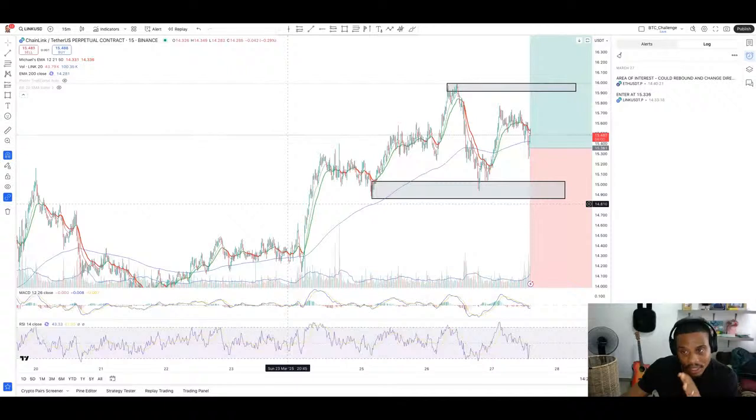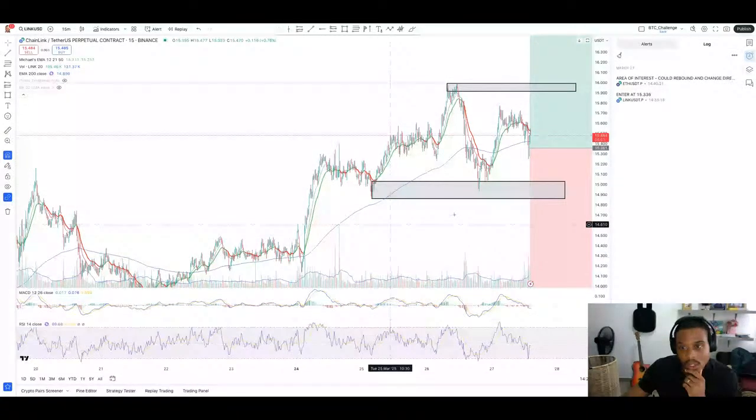By 15 minutes EMA, if I entered in 15 minutes, I'll sell this market, to this range high.